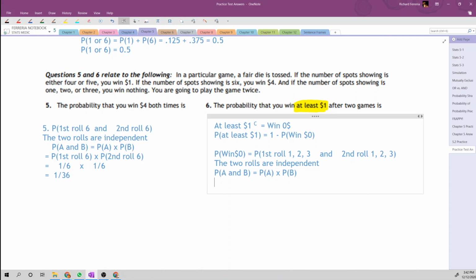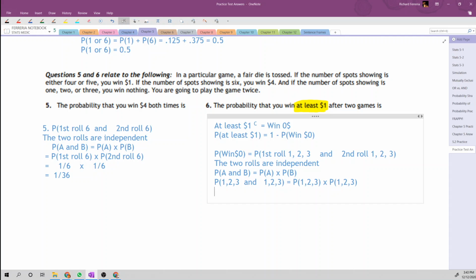So the probability of A and B is the same thing as the probability of A multiplied by the probability of B. Or in our case, the probability of a 1, 2, or 3 on the first roll and a 1, 2, or 3 in the second roll is the same thing as the probability of a 1, 2, or 3 in the first roll multiplied by the probability of a 1, 2, or 3 on the second roll.